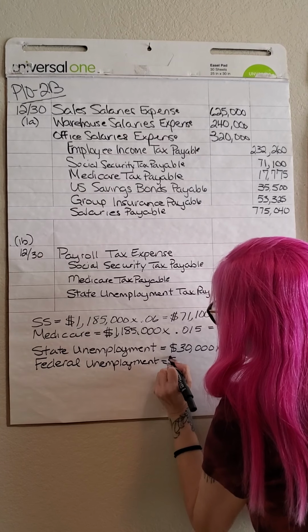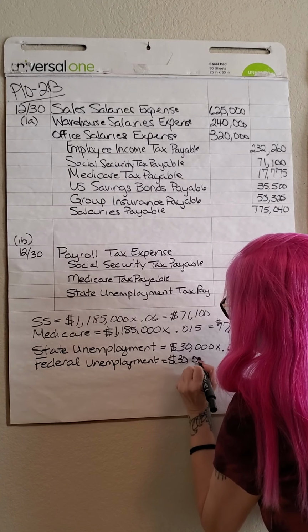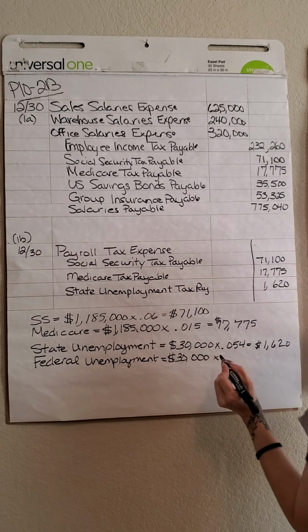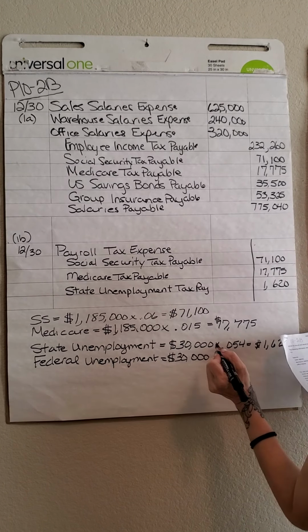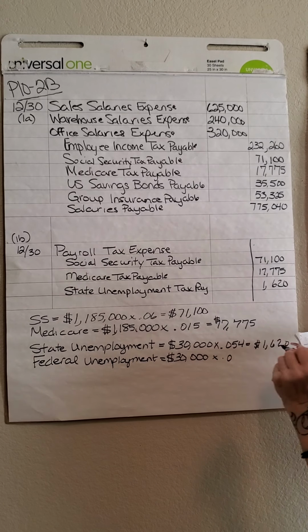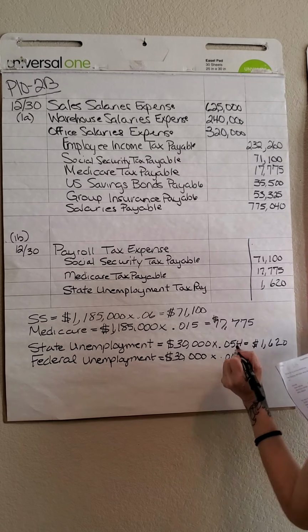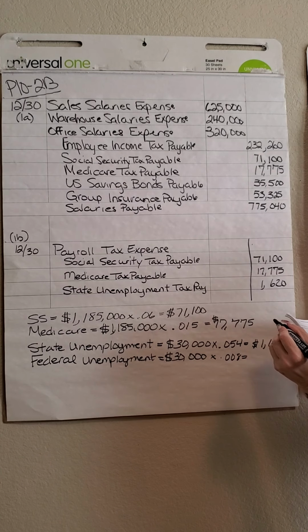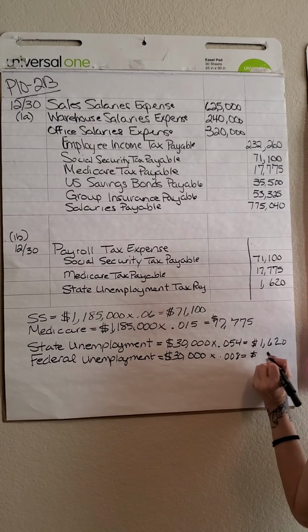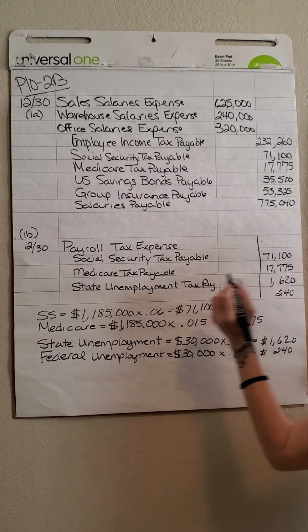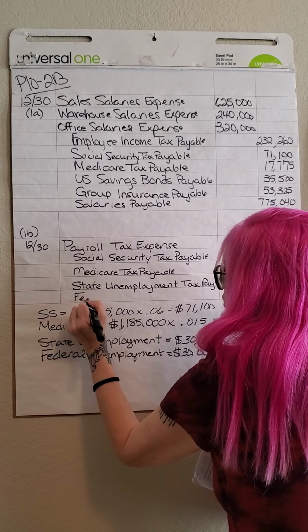And then we also have to do federal unemployment. That's also only subject to 30,000, and that tax rate is, oh no, 0.8%, so it's 0.008. And that total comes to $240. So that's going to go there for federal unemployment tax payable.